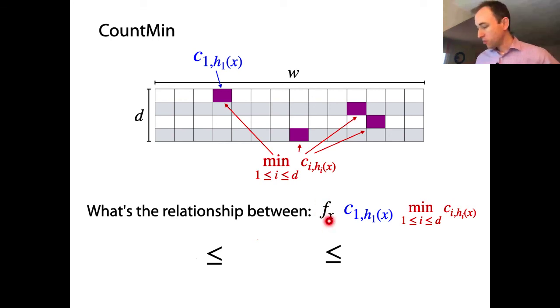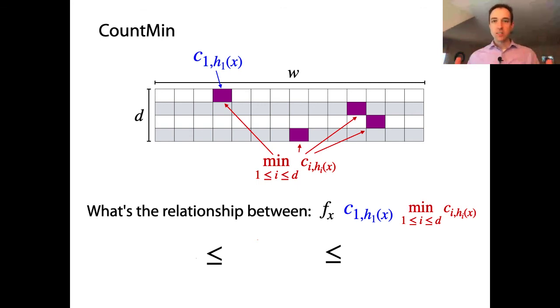Now, the true frequency is the true frequency. It is unaffected by any collisions, right? It's the actual true frequency, the f sub x. When I write f sub x, I'm not saying f tilde sub x. I'm saying f sub x is the true frequency of x. All right?